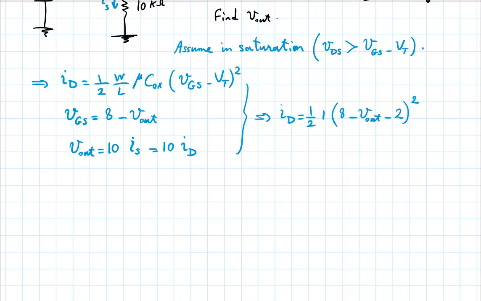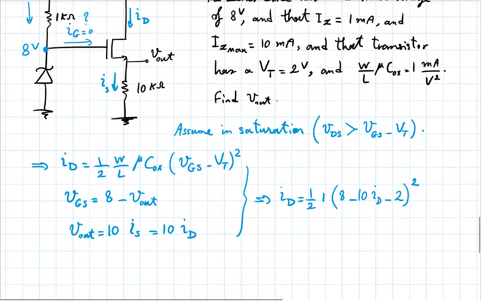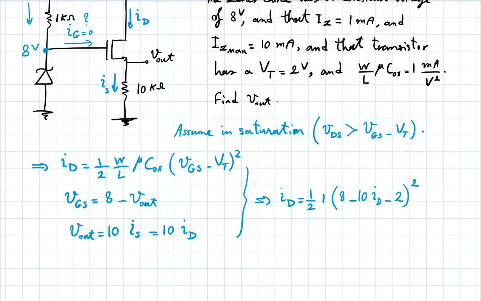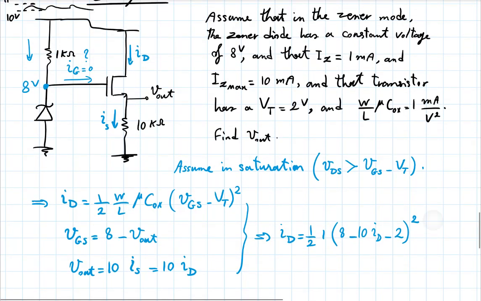But V out itself is 10 ID, so I can maybe just directly replace. Now we can calculate ID from here, or IS, and from that get V out.